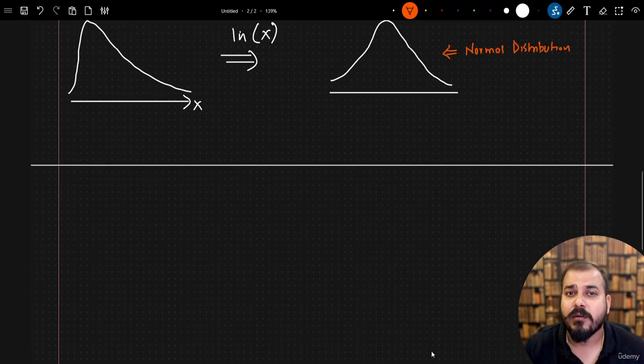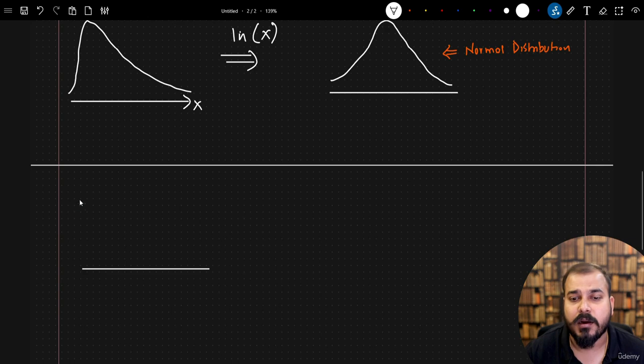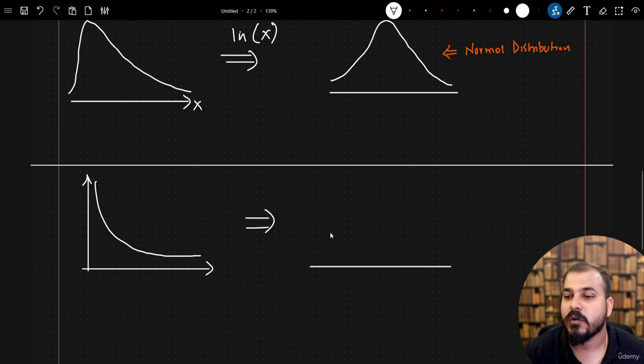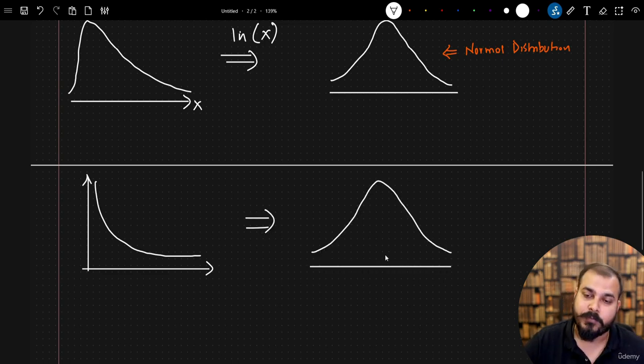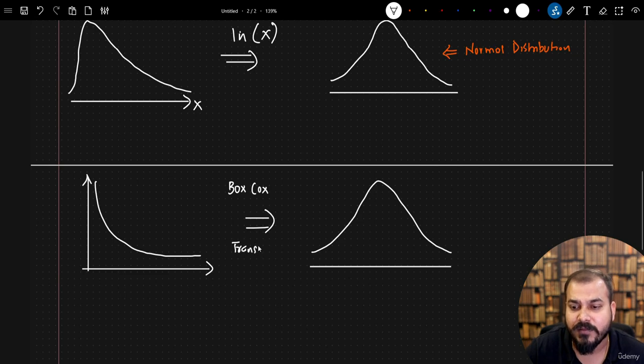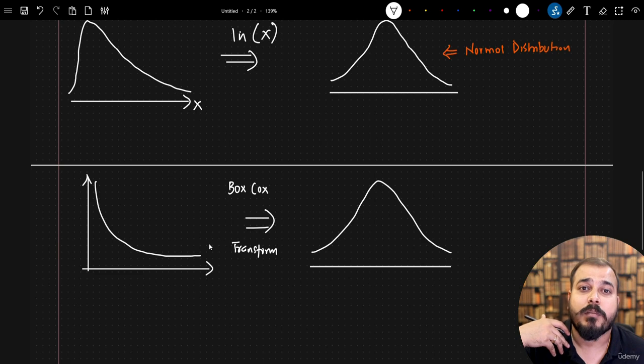Similarly, what if I have power law distributed data, which will look like this? Can we convert this into a normal distribution? The answer is yes. For this, we use the Box-Cox transform. Don't worry, we will see in upcoming videos how exactly Box-Cox transformation is done. This is also one kind of transformation, like log transformation and standardization, all of which are transformation techniques.